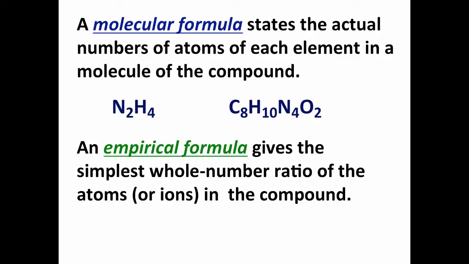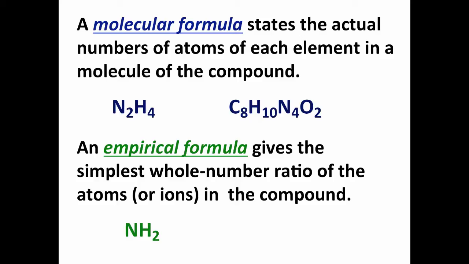For example, if we look at hydrazine, its empirical formula would be NH2, and we get this by noting that in hydrazine, N2H4, the actual numbers of atoms of nitrogen and hydrogen are both divisible by 2, and so we can reduce the 2-to-4 ratio to simpler terms of 1-to-2, and then that's the empirical formula. It's just the simplest whole number ratio we can get for a given compound.